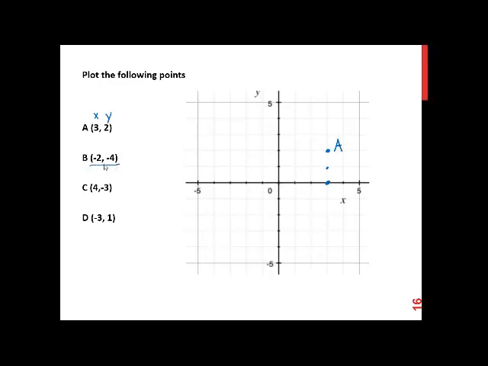Looking at B, -2, well, when we're going to the right and left, -2 is going to be left, so I'll go 2 units to the left and 4 units down, 1, 2, 3, 4, and this gives me B, which is -2, -4.